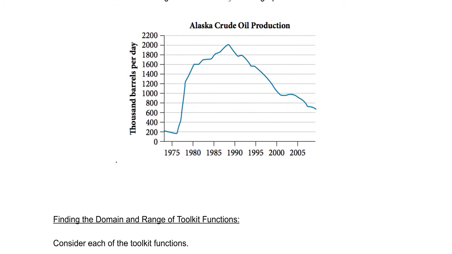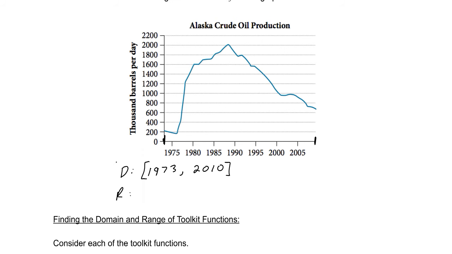It appears that the input values go from something like 1973, that's this area right here, all the way to what I'm going to presume is 2010. So in interval notation, that would be 1973 to 2010.